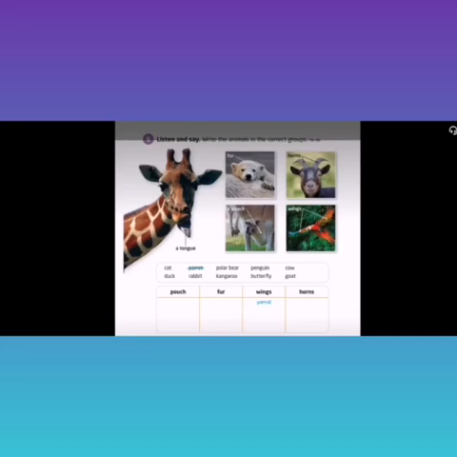Horns. A goat has 2 horns. A pouch. A kangaroo has a pouch. Wings. A parrot has colorful wings.